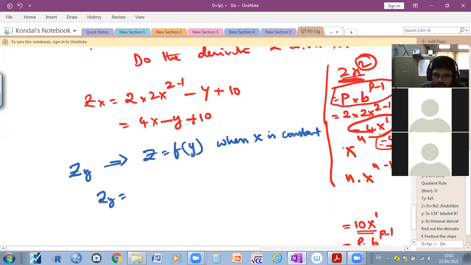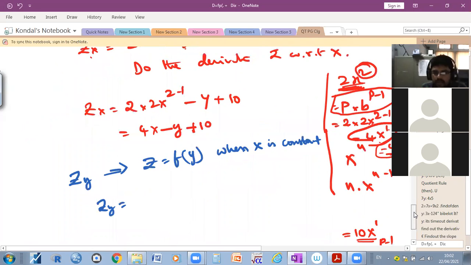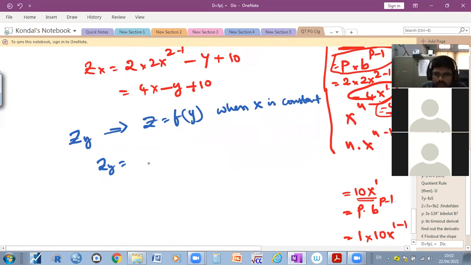So what are the variables which we can include here? This minus xy will come, this 3y square comes, and 15y comes, right? So minus xy plus 3y square plus 15y.